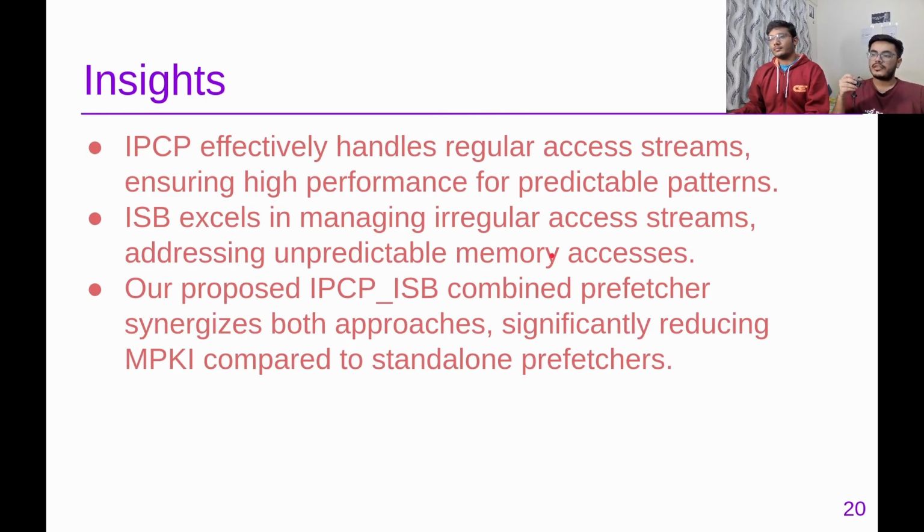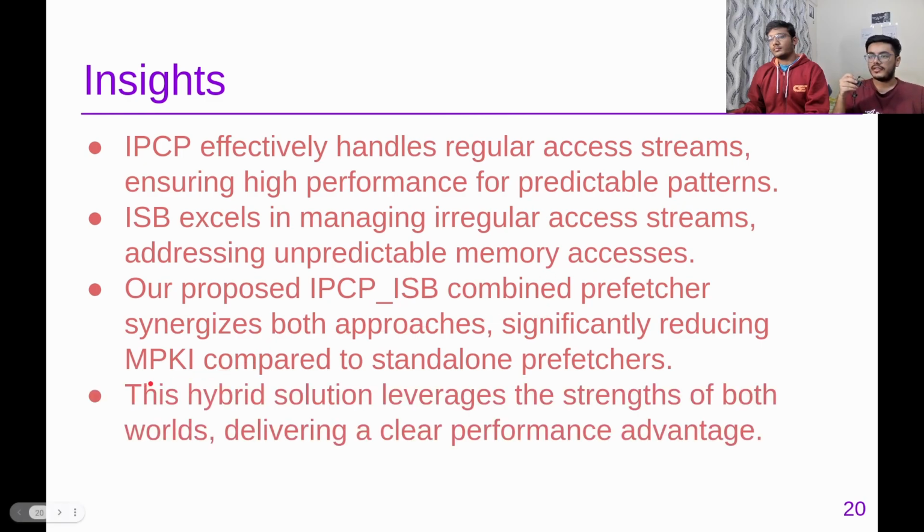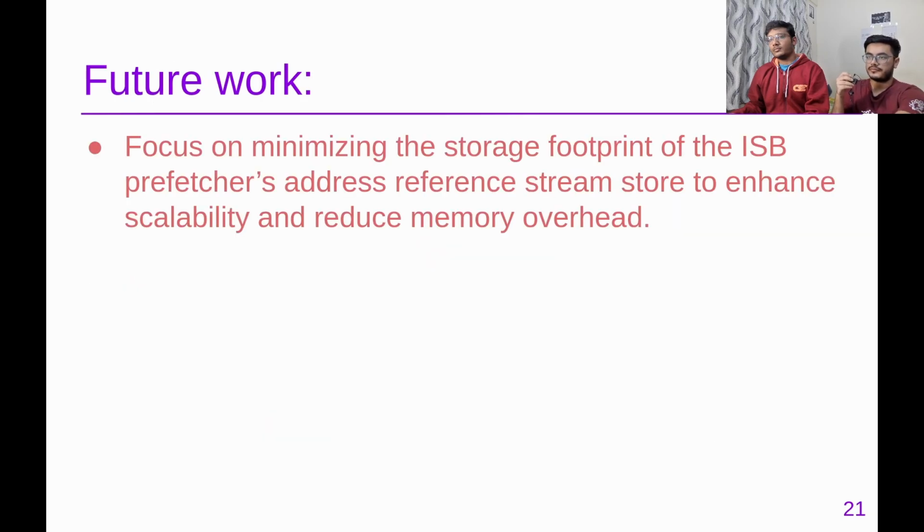For that ISB is there, so we tried to integrate these two and are getting a performance increase, which is the hybrid solution. We get the strength of both worlds. Wherever a spatial prefetcher is required, IPCP is triggered. Wherever a temporal prefetcher is required, ISB is triggered and is able to deliver a performance advantage.